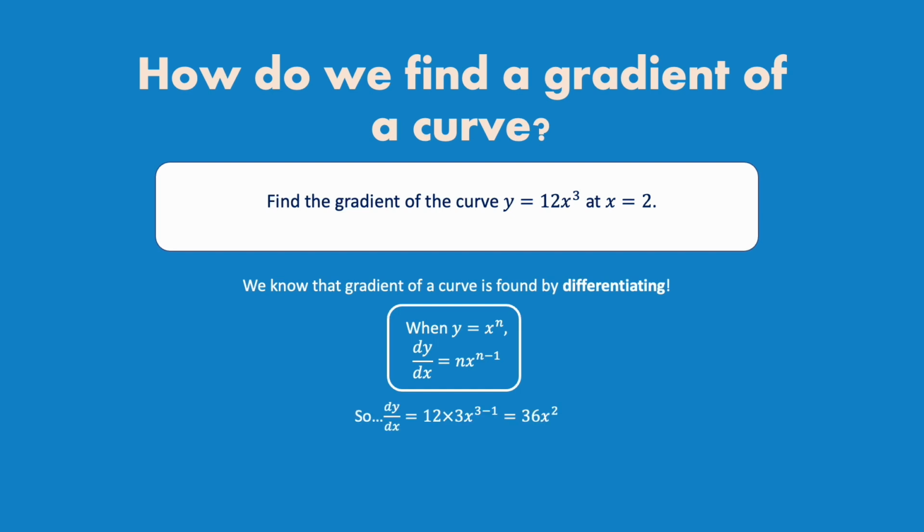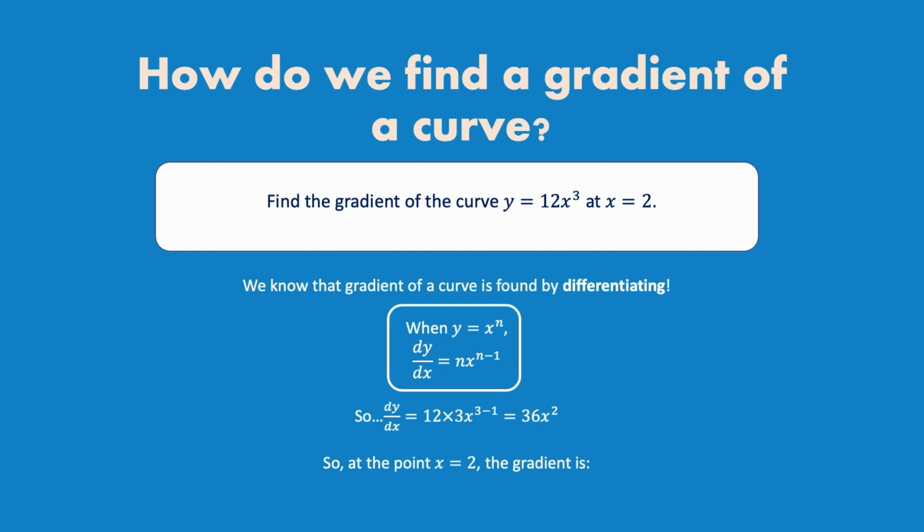So if we times through by 3 and then take 1 away from that power, we're left with 36x squared. Because 12 times 3 gives us 36, and 3 minus 1 gives us a power of 2. So that 36x squared is an equation that represents the gradient of that curve at any point of x.